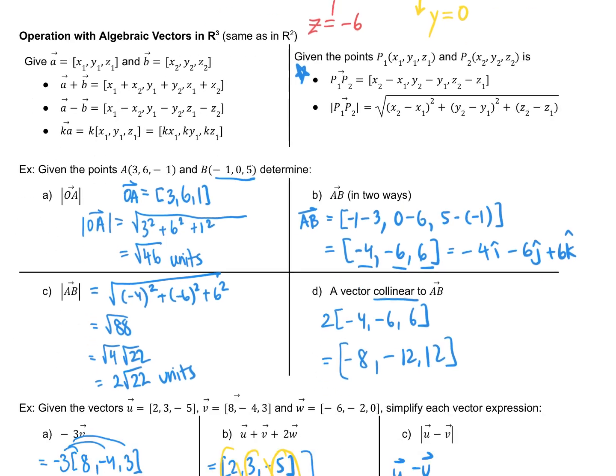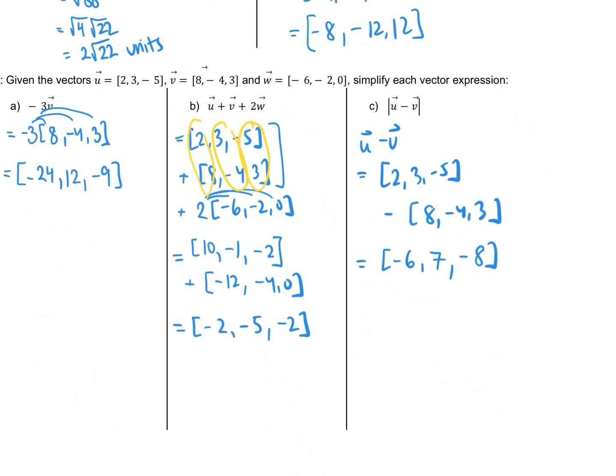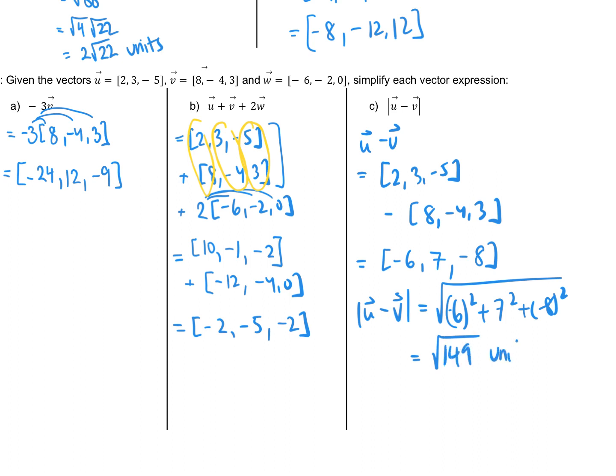It was not that situation because U and V were actual vectors already. All right. Now magnitude, so the square root of negative 6 squared plus 7 squared plus negative 8 squared. And when you clean that up, you get the square root of 149 units.